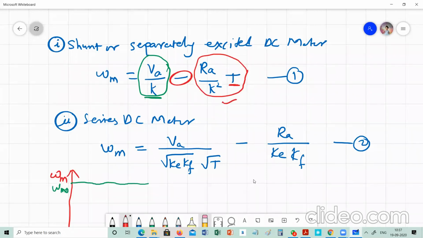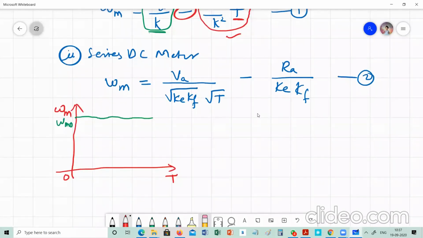So the actual curve, as the torque increases, will have a shape like this, a drooping characteristic. This is the curve of the shunt motor.